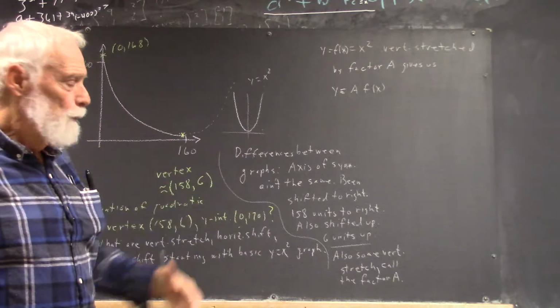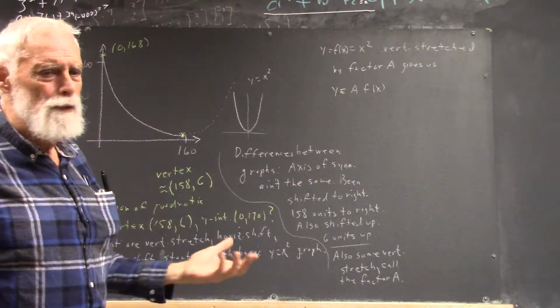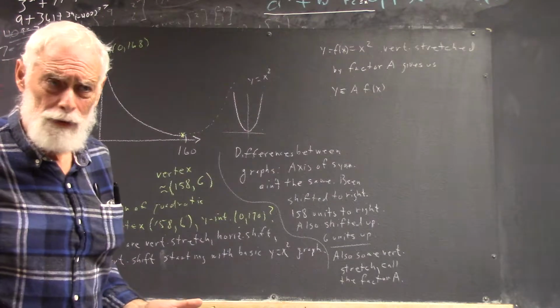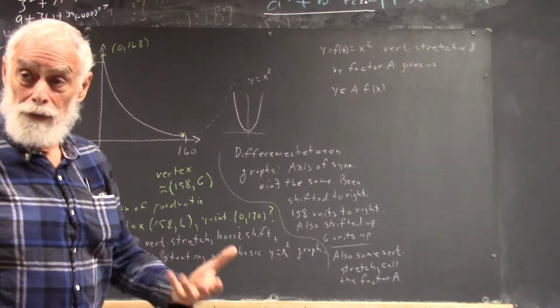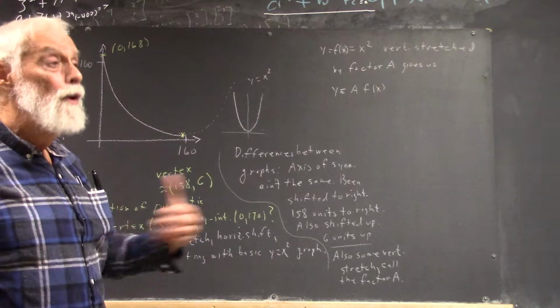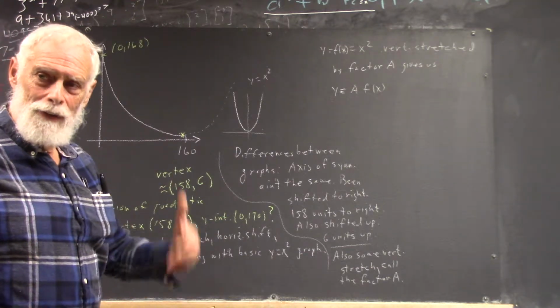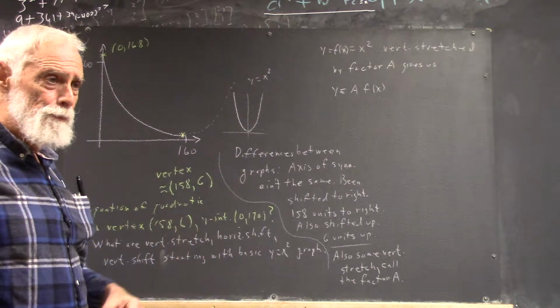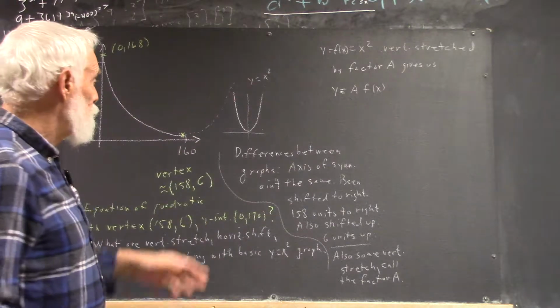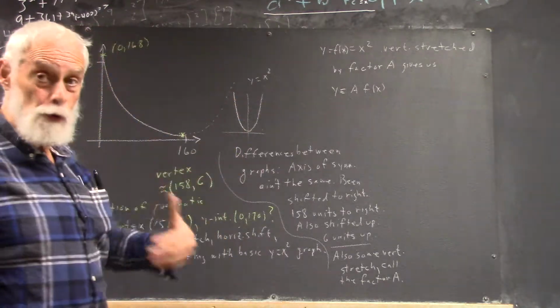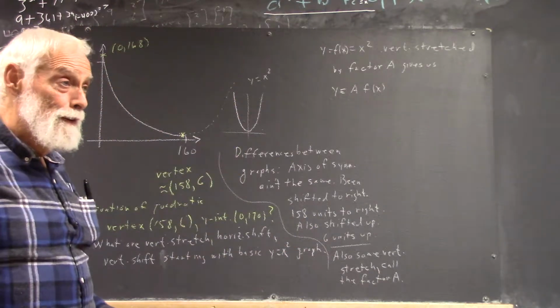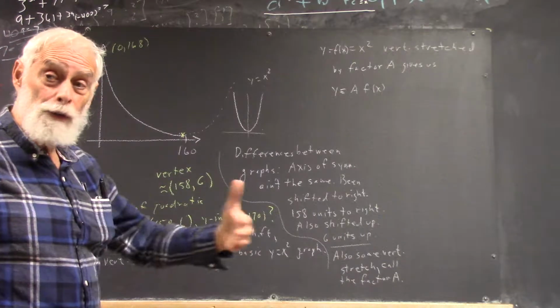When you look at a parabola, the first thing you want to do is look at where the vertex is, or at least know whether the axis of symmetry has been shifted. If the axis of symmetry is not the y-axis, then you do have a shift, and that would be a horizontal shift.